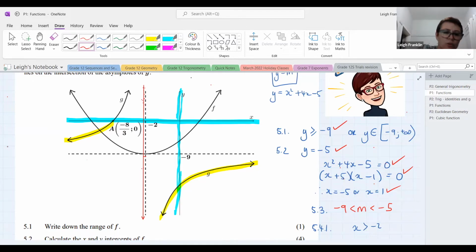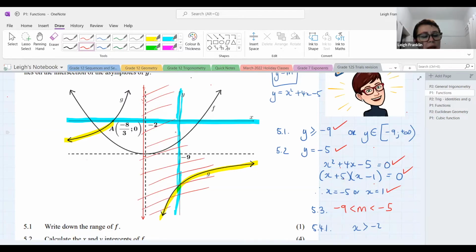Okay, so Cassandra, what I'm trying to show you here, can you see I've drawn a red line? And the red line is over the asymptote. So everything to the right of this line is where x is greater than -2, isn't it? That's where this yellow bit is.